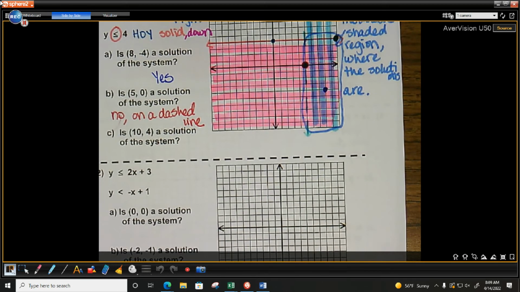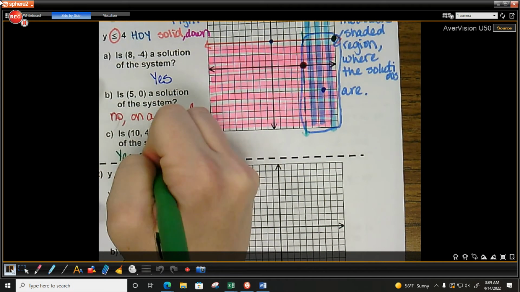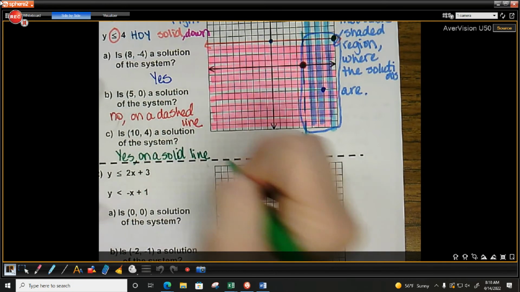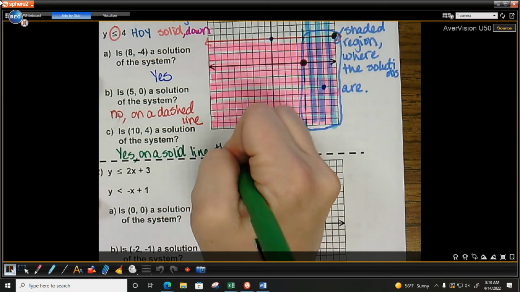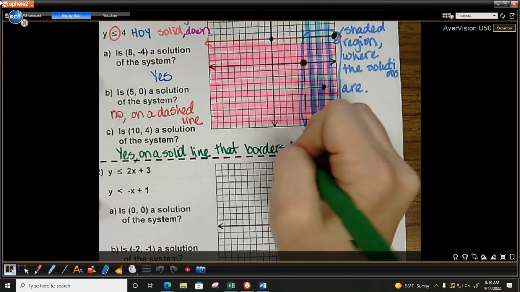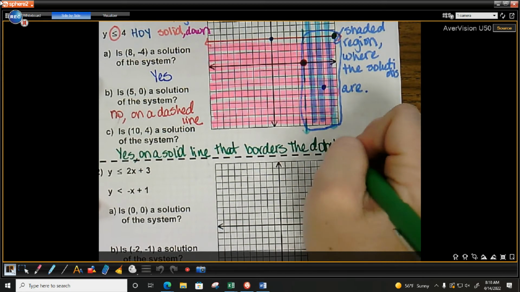Solid line. If it's on a solid line that is bordering the double shaded region, do you think it's a solution? Yes. On a solid line that borders the double, I can't spell double, shaded region.